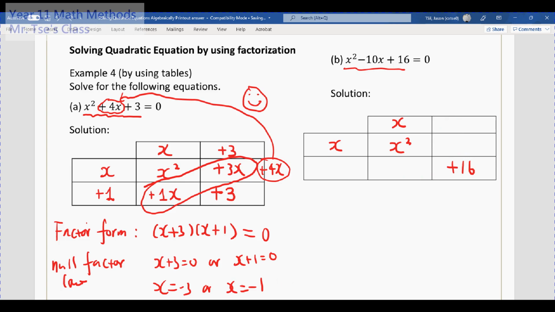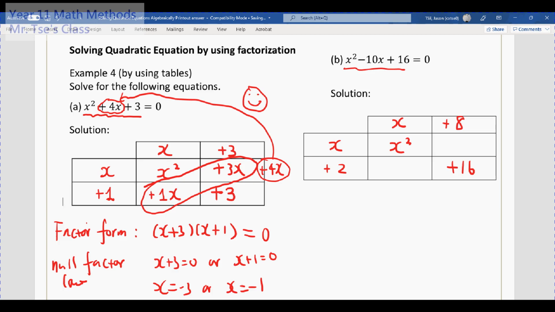Okay, so you need to get two numbers. When they add up, they equal 10. Okay, so which two numbers will get 10? So 4 and 4, it doesn't get 10. But how about 8 and 2? Because 8 times 2, plus 8 and plus 2, all right, they are also equal. 8 times 2 also equals plus 16.